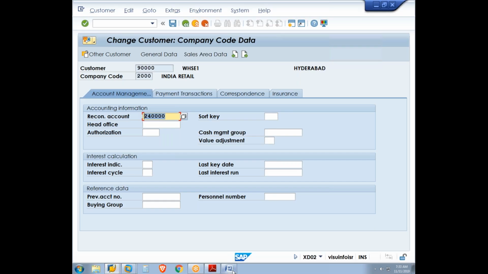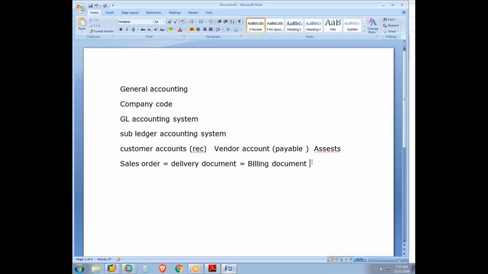Say for example, here 90,000 is one customer, and for this customer we have prepared an invoice worth 50,000 rupees. Another customer is 90,001, and we have another customer 90,002.